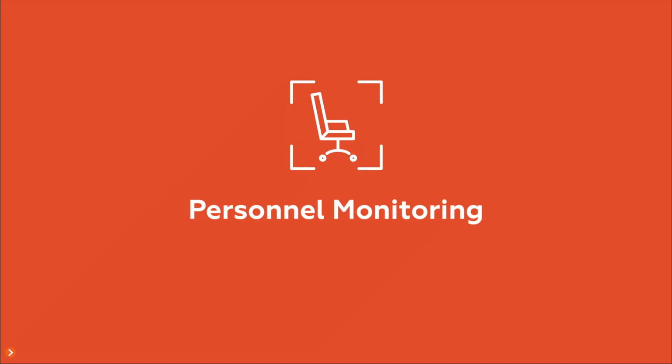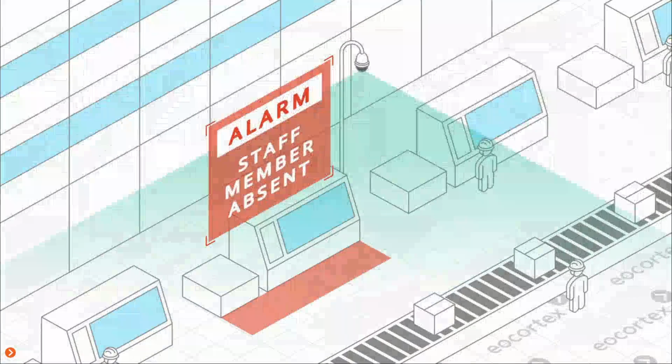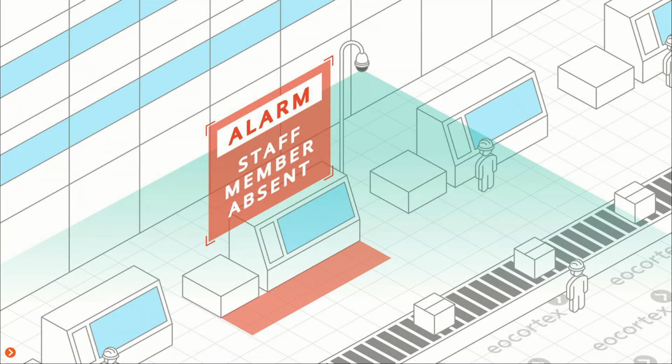Personnel monitoring is one of our video analytics modules that allows you to see whether any of your employees or workers are absent from the workplace, or if they are probably sleeping.